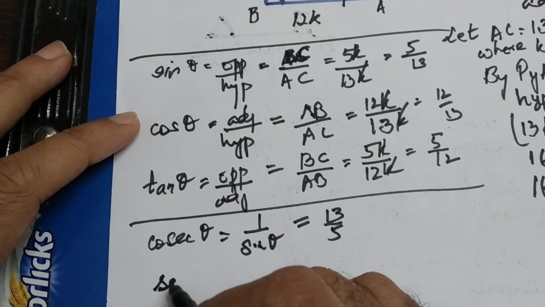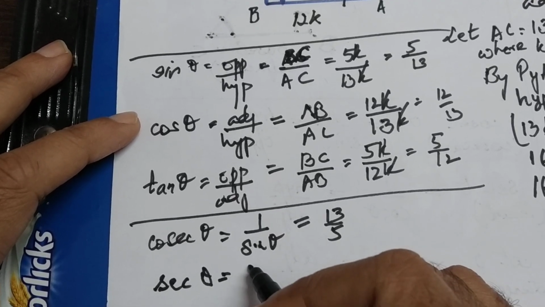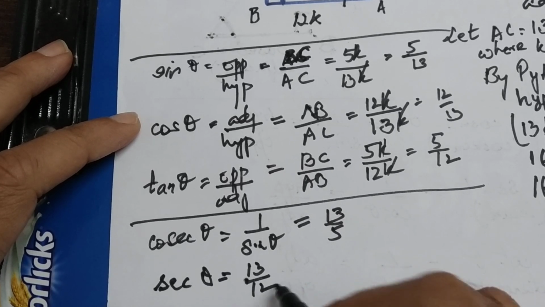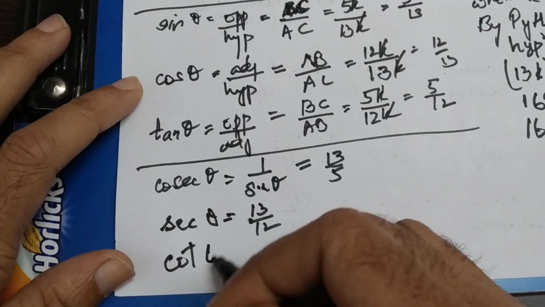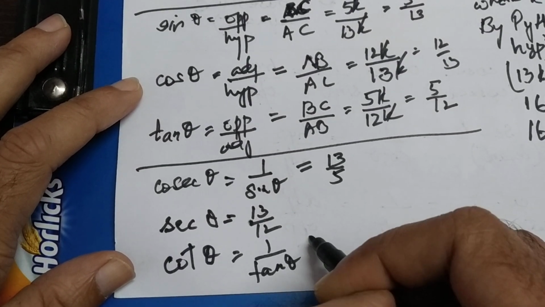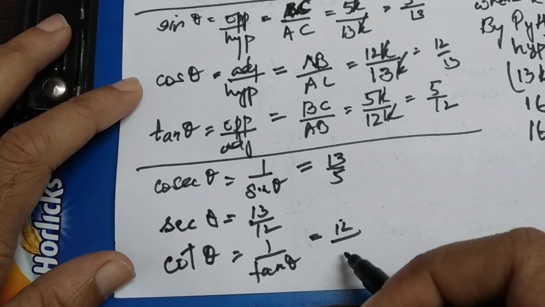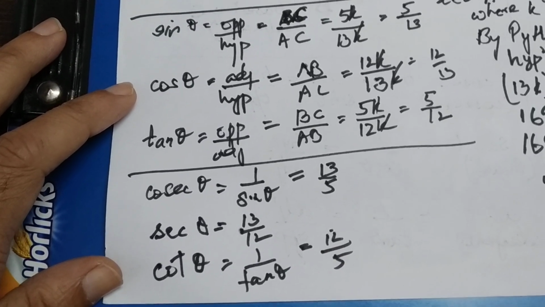Sec theta is actually given in the question, but if you want you can write it. Sec theta is 13 by 12. And then we have cot theta is equal to 1 by tan theta. Tan theta is 5 by 12, so this is 12 by 5.